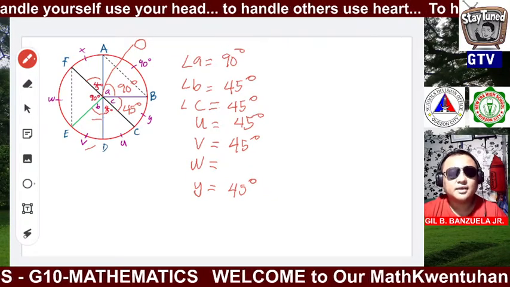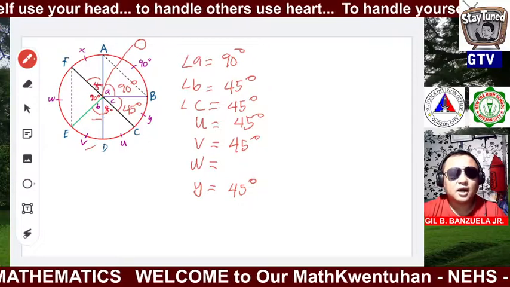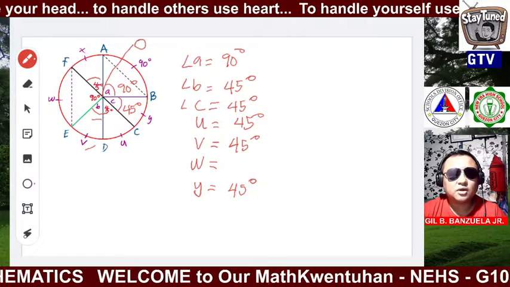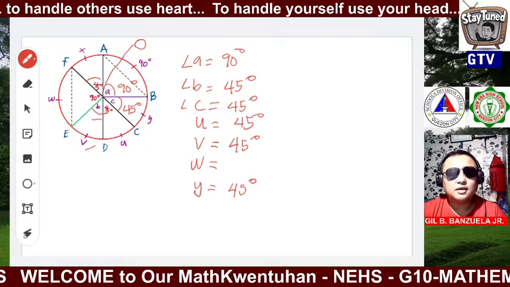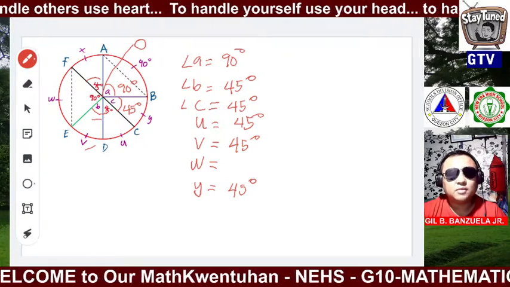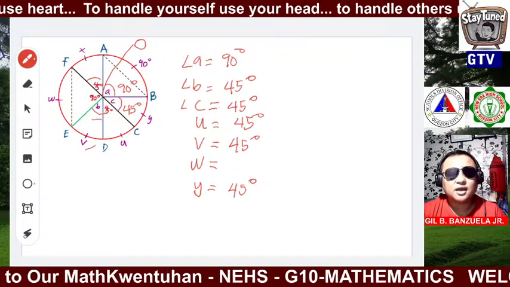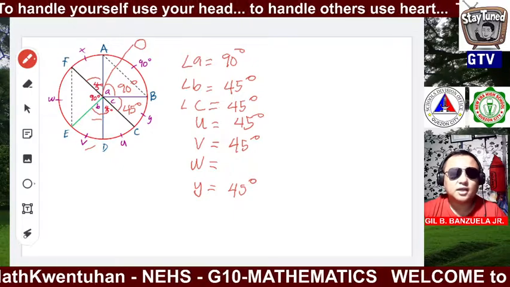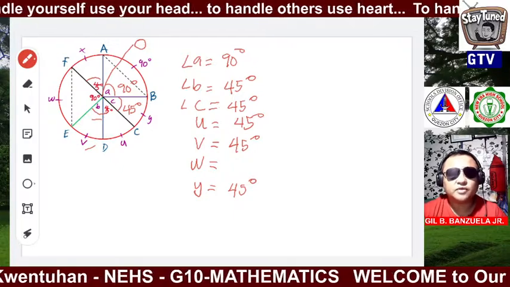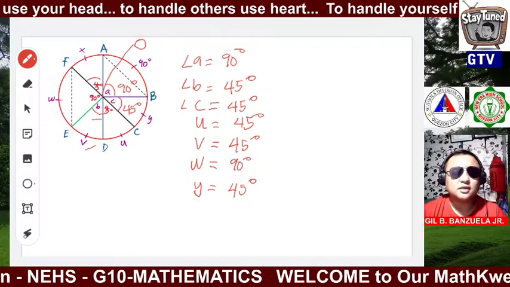And lastly, if you could notice again, arc FE or arc W is intercepted by angle FOE, which is a central angle. Again, central angle measure equals the intercepted arc. So therefore, this is also 90 degrees.